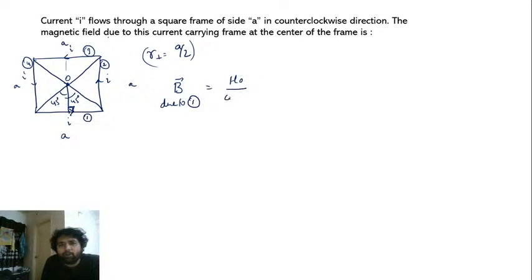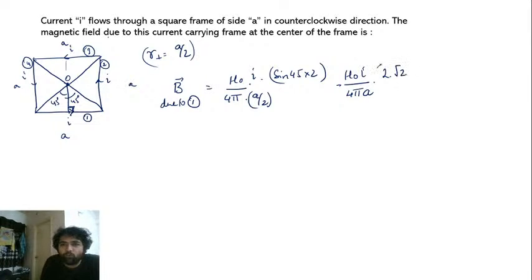Mu naught by 4 pi into A by 2 into I into sin 45 into 2. This is coming out to be mu naught I by 4 pi A into 2 times 2 sin 45. 2 sin 45 is root 2. So B due to 1 is mu naught I by 4 pi A into 2 root 2.